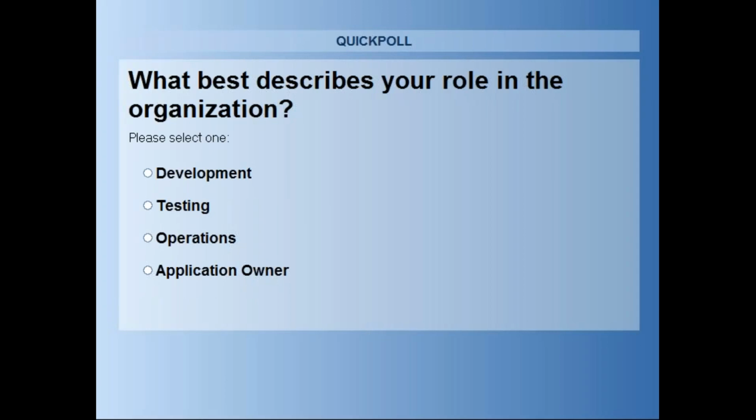Okay, guys, we've got a survey question up here, a real simple one. What best describes your role in the organization? Select one of the following: development, testing, operations, application owner. We didn't add none of the above, but hopefully the overwhelming majority of you fit into one of these four buckets, and we'll give you another 5 seconds or so to answer. 5, 4, 3, 2, 1.